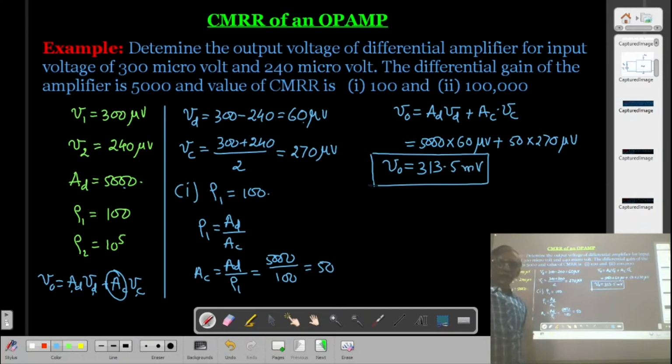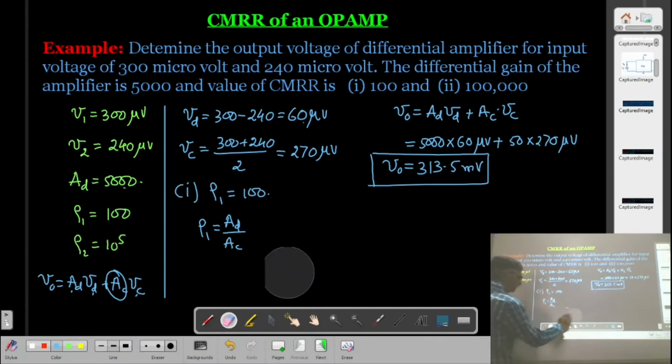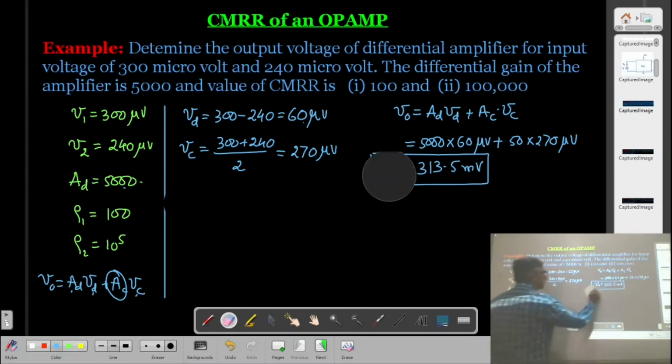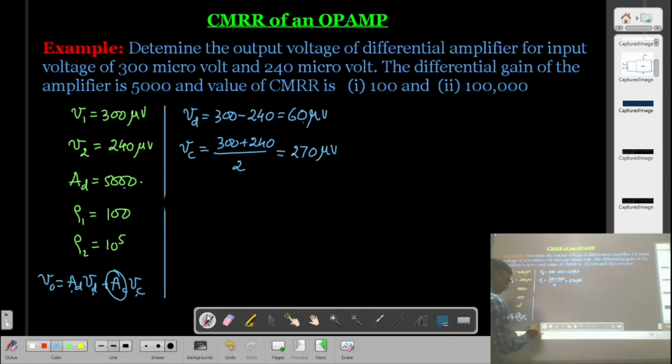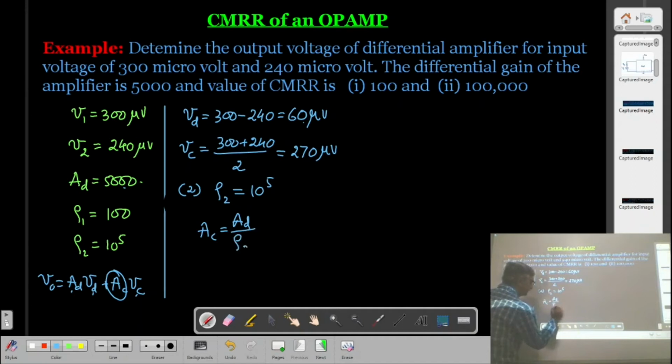Correct? Same way you can calculate for rho 2. So let us see. Rho 2 is equal to 10⁵. So what is my AC? AC will be equal to AD by rho 2.